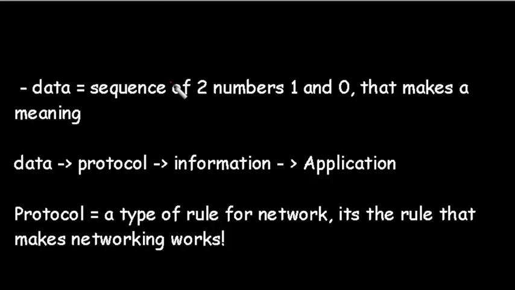Now let's talk about what we mean by how data flows in the network. Data is just a sequence of 2 numbers, 1 and 0, which we all know is binary. This bunch of zeros and ones flowing through electrical components has a meaning, and this meaning is creating something that creates an application.